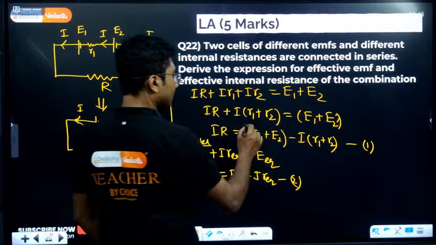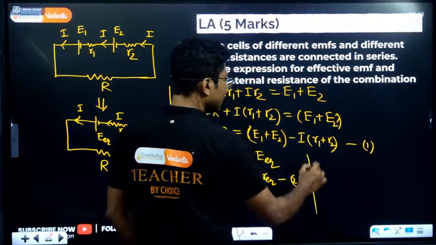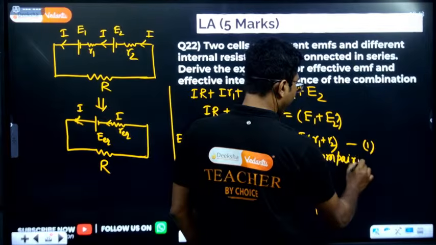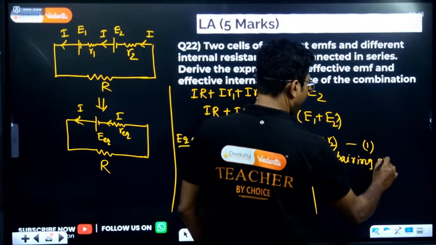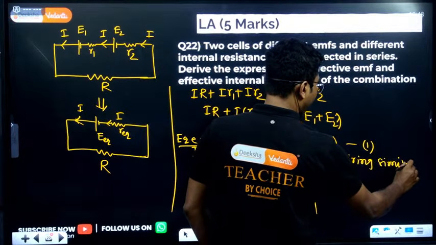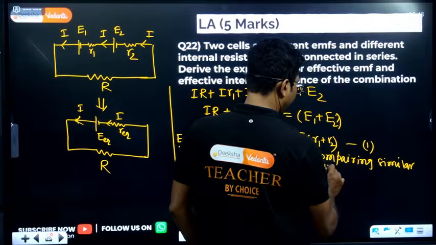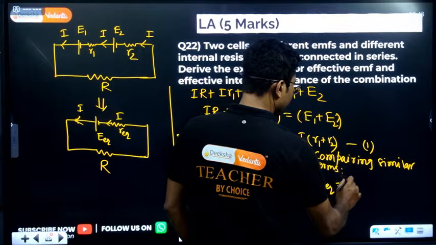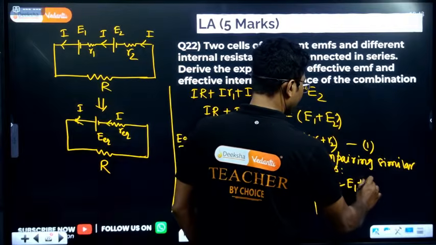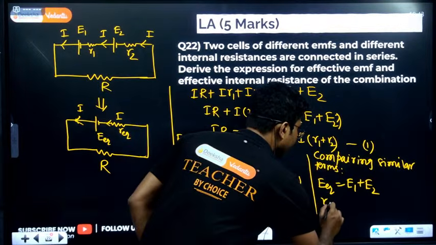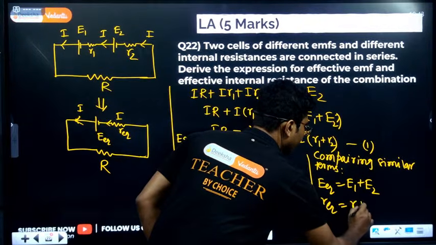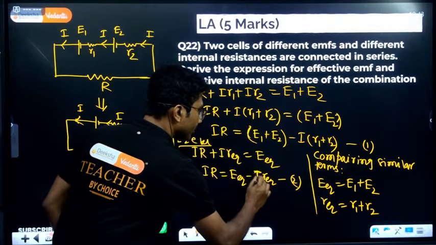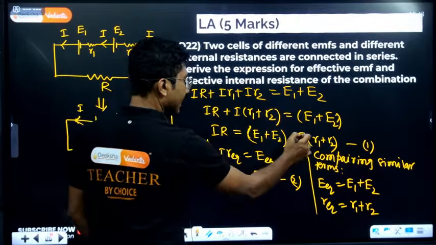Now if you compare the similar terms, okay, we can write E equivalent equals E1 plus E2 and R equivalent equals R1 plus R2. Now why is this possible? Remember, this is possible because of this I. This I is there in the multiplication.